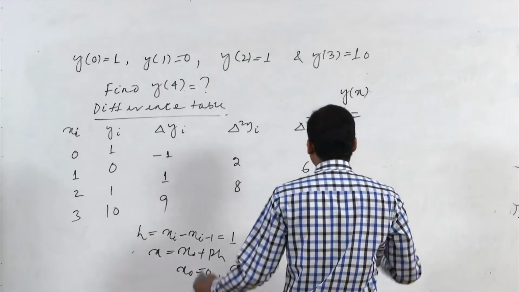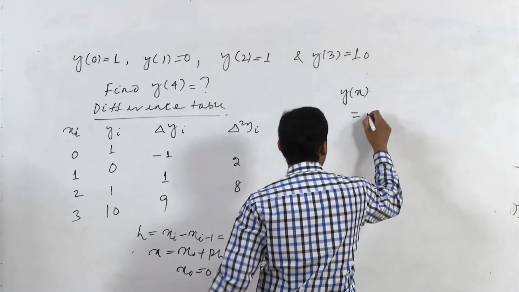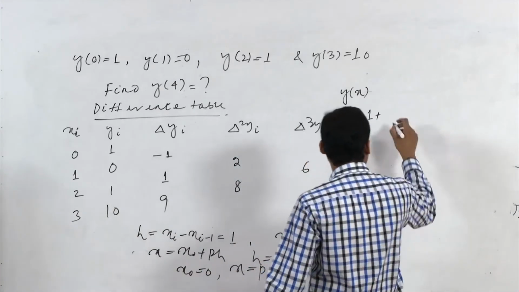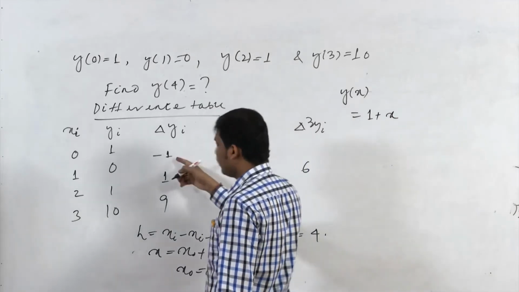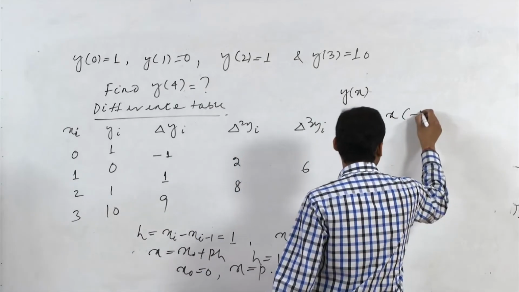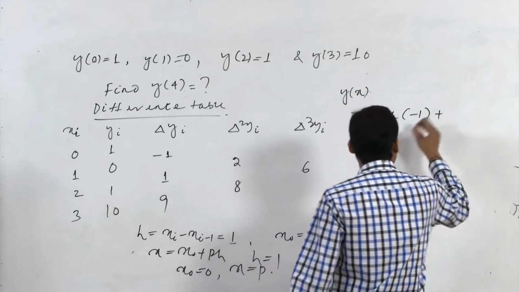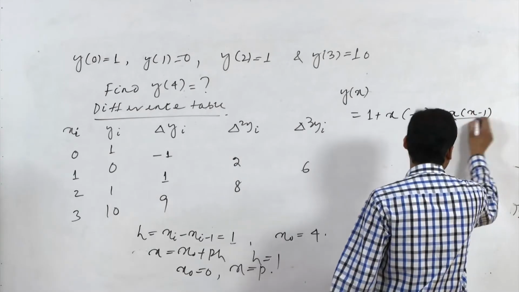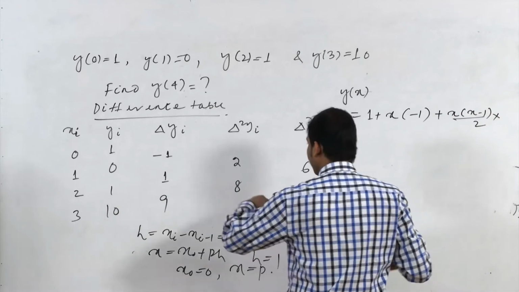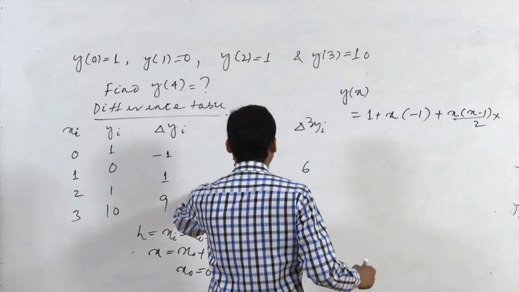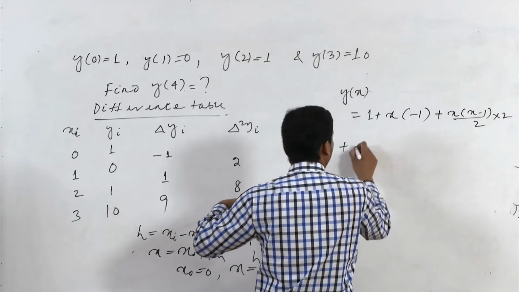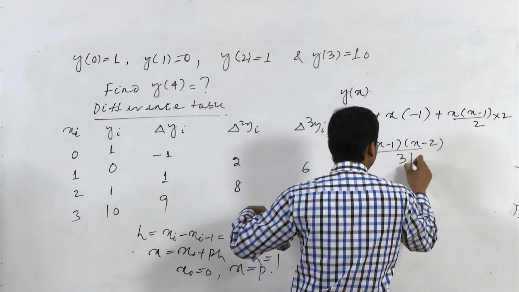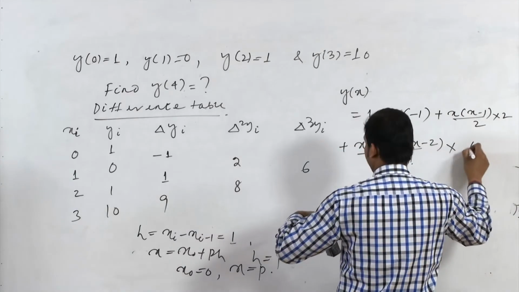First, consider y0 as 1, plus p, expressed as x here, times delta y0, that is -1, plus p into p minus 1 by 2 factorial into the next tabular value, that is 2, plus x into x minus 1 into x minus 2 by 3 factorial into the last tabular value, that is 6.